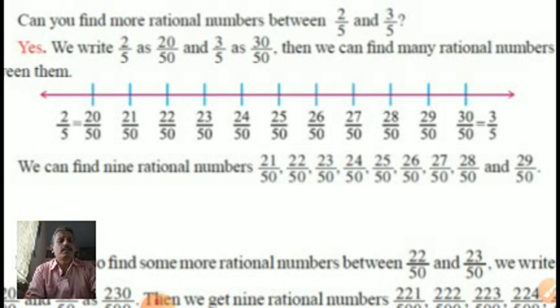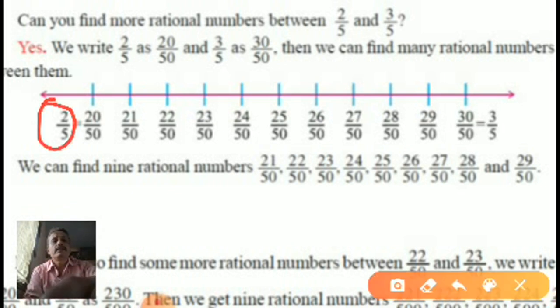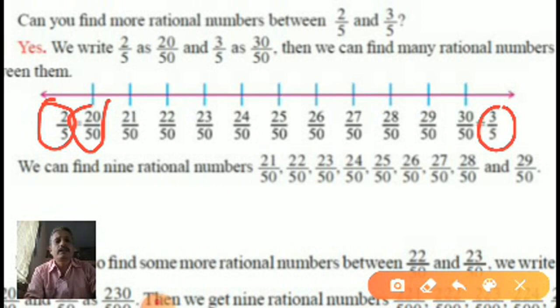But student, there are a number of points lying. See, 2 upon 5 is written here this way, and 3 upon 5 is here. In place of 2 upon 5, I can write 20 upon 50. In the same way, in place of 3 upon 5, I can write 30 upon 50.